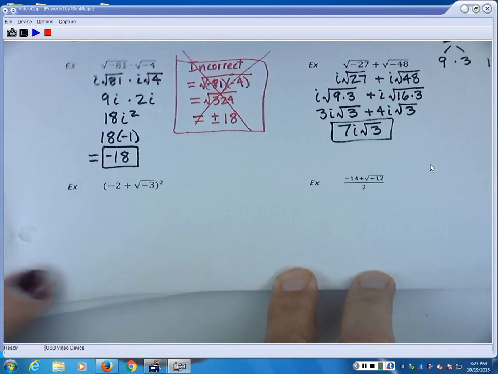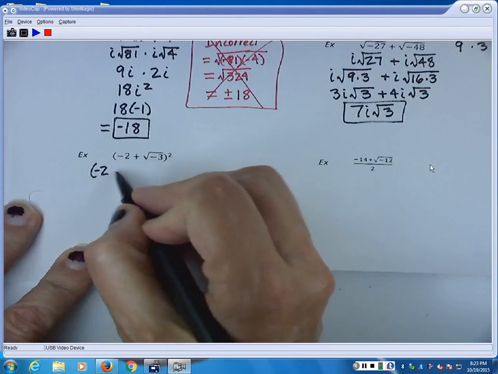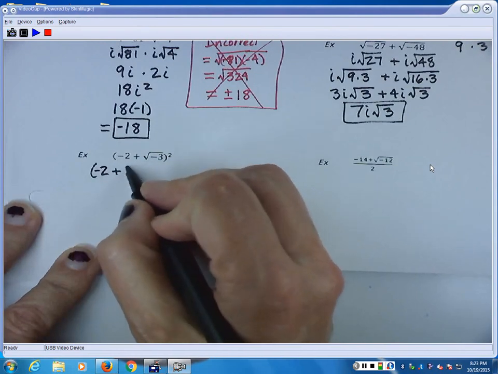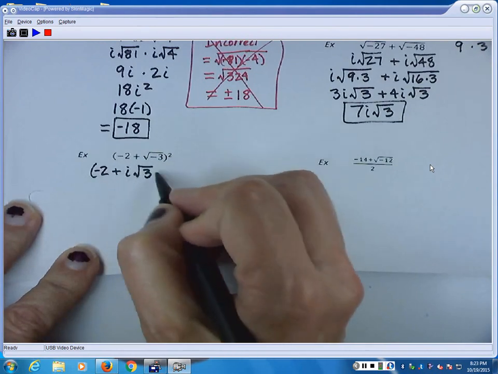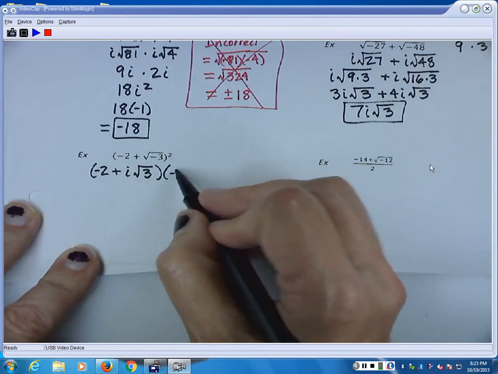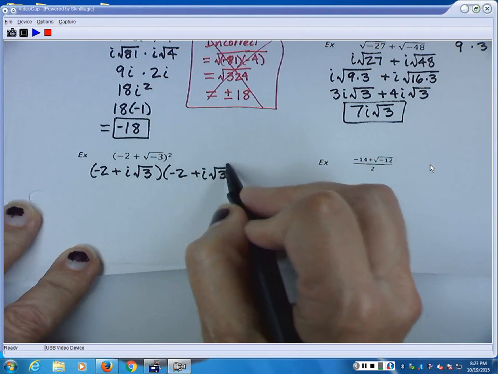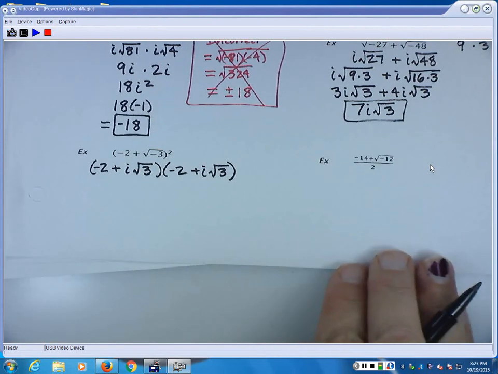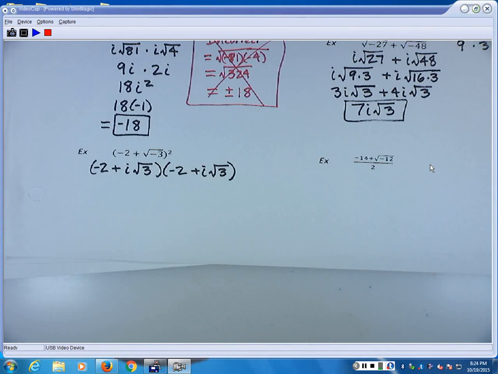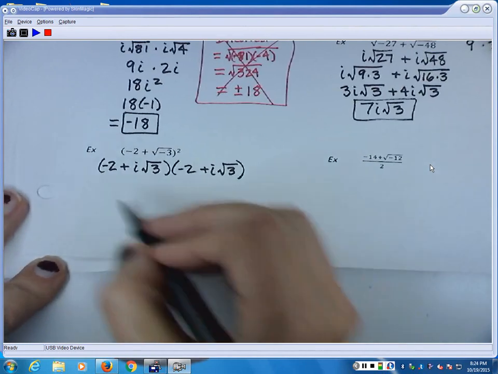So rewrite this right away as -2 plus i square root of 3. And we're going to FOIL that. So instead of writing squared, I wrote it again. So you do -2 times -2. That's your first term.